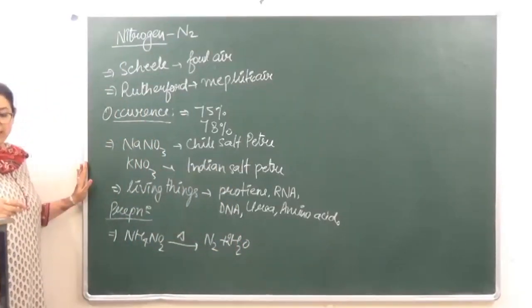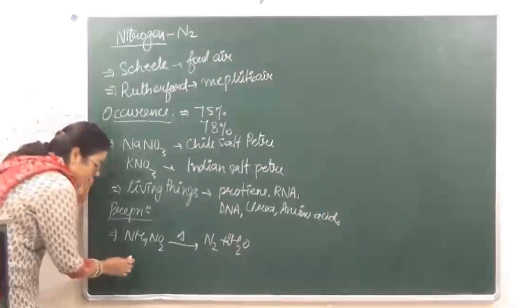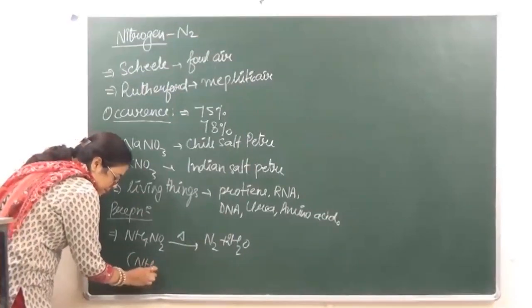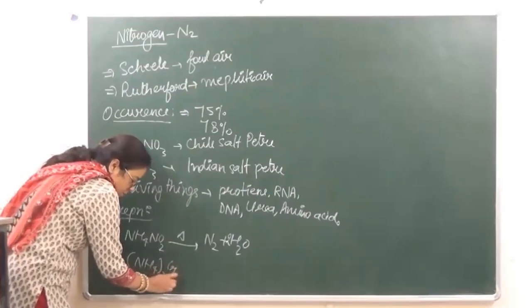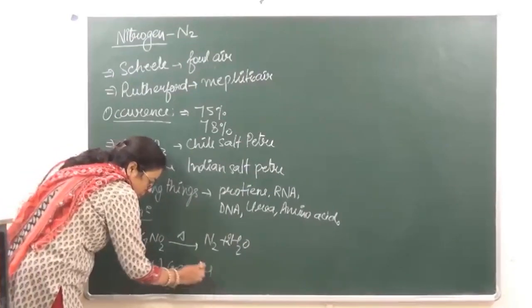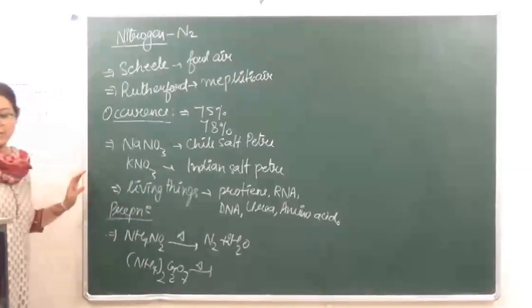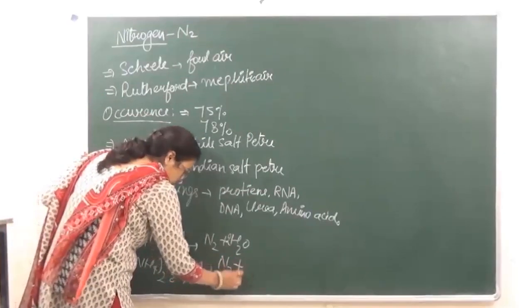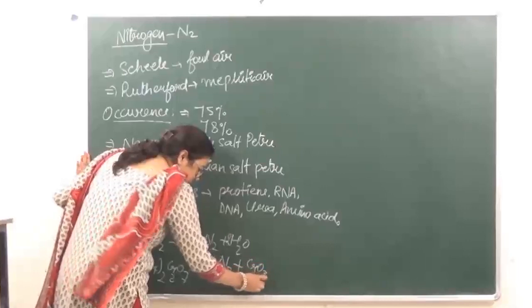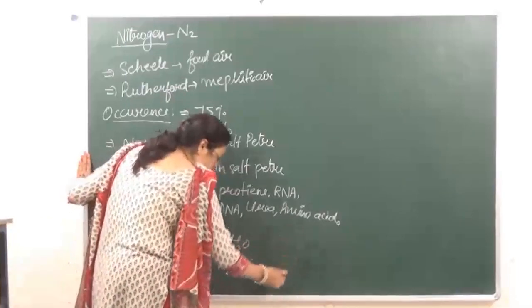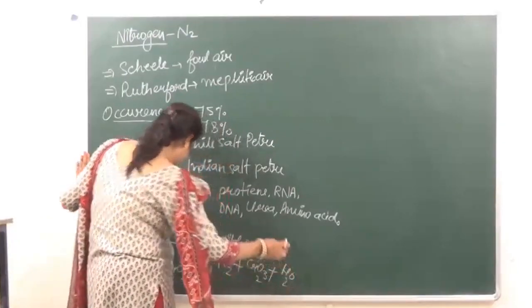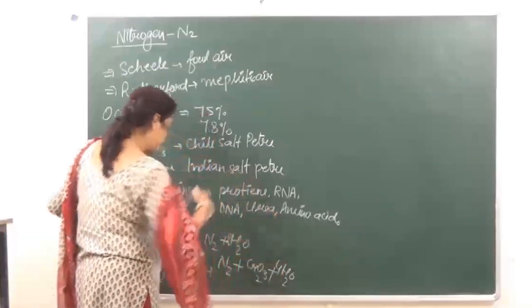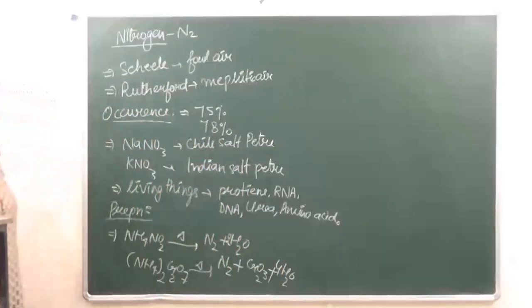Okay? उसी तरह से if we are heating potassium dichromate, this is going to give us nitrogen, right? So this is how we can prepare nitrogen.